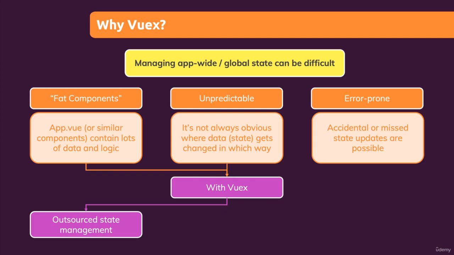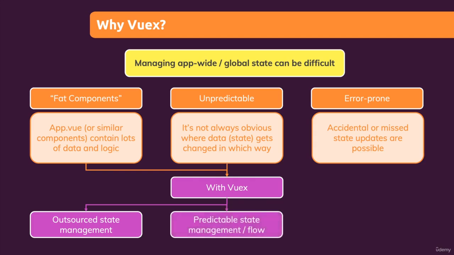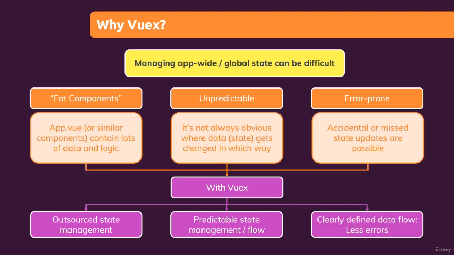It's also more predictable because Vuex has some clear rules on where state should be managed and how it should be updated and shared. And therefore it's also less error prone because we have that clearly defined data flow, which we have to adhere to. So that's the what and why. Now let's install Vuex and let's get started using it.